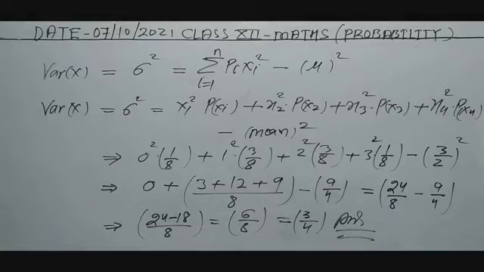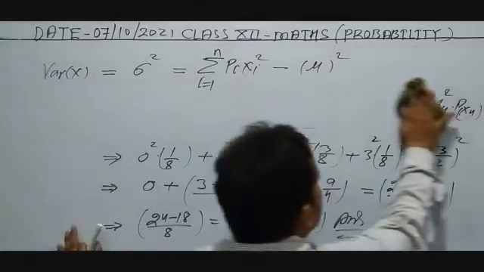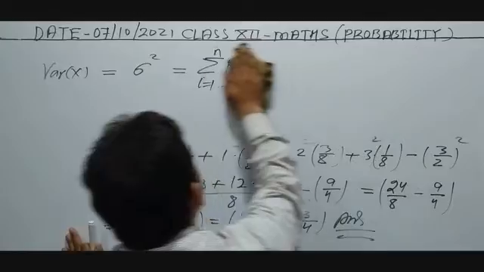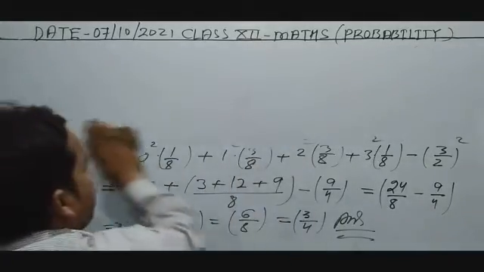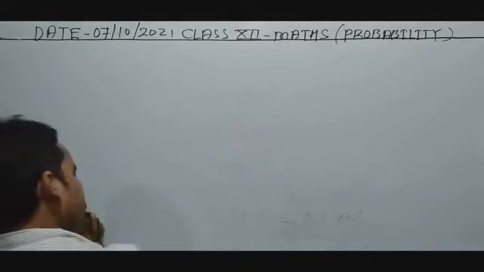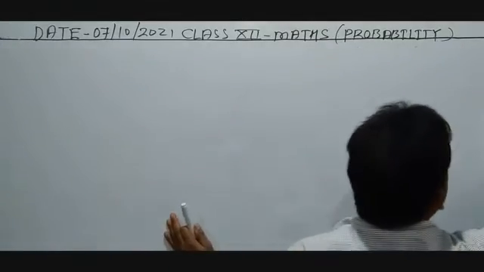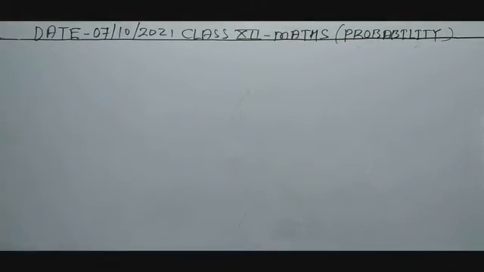Now come to question number 2. Question number 2 is, a fair die is tossed.